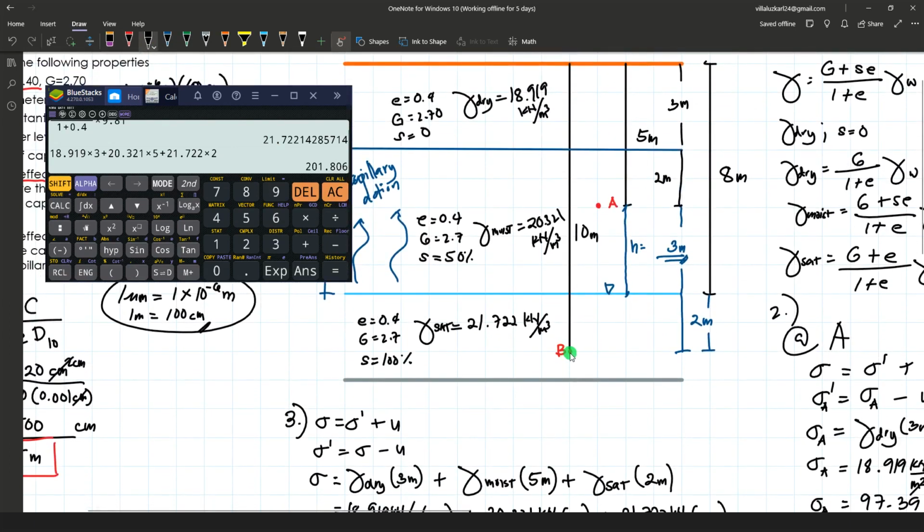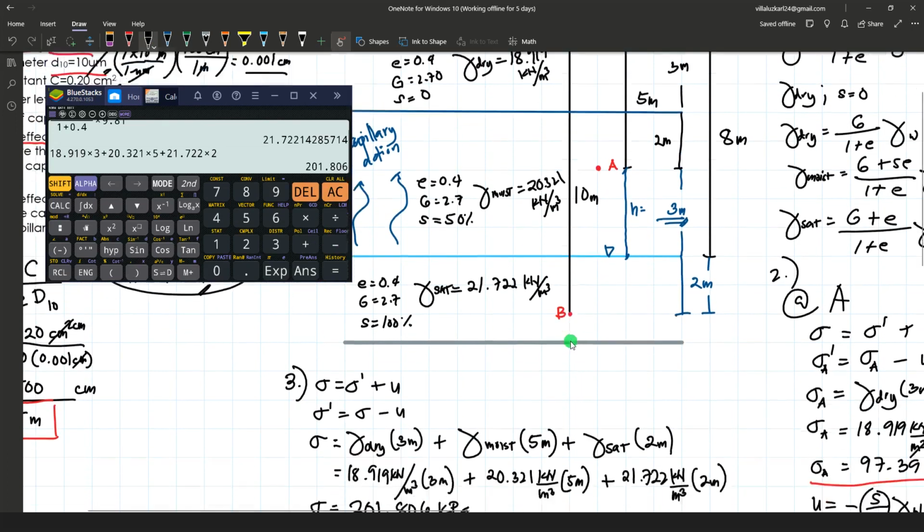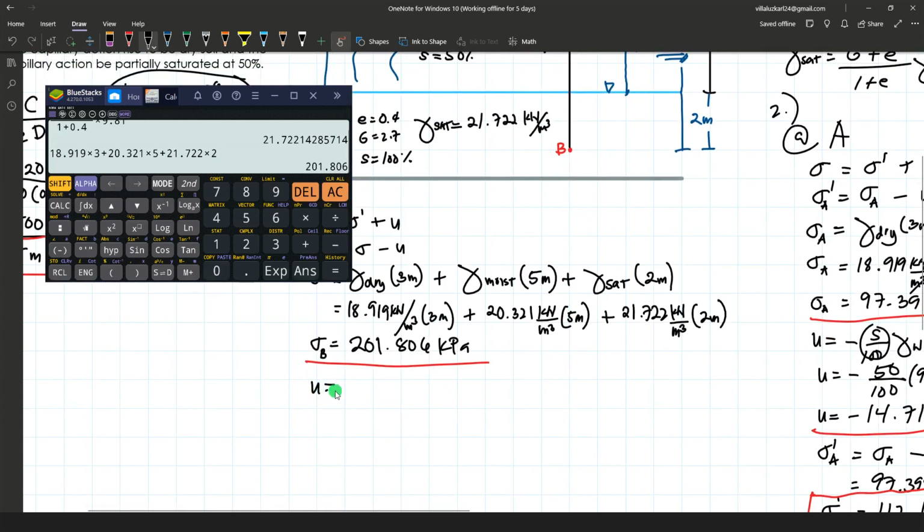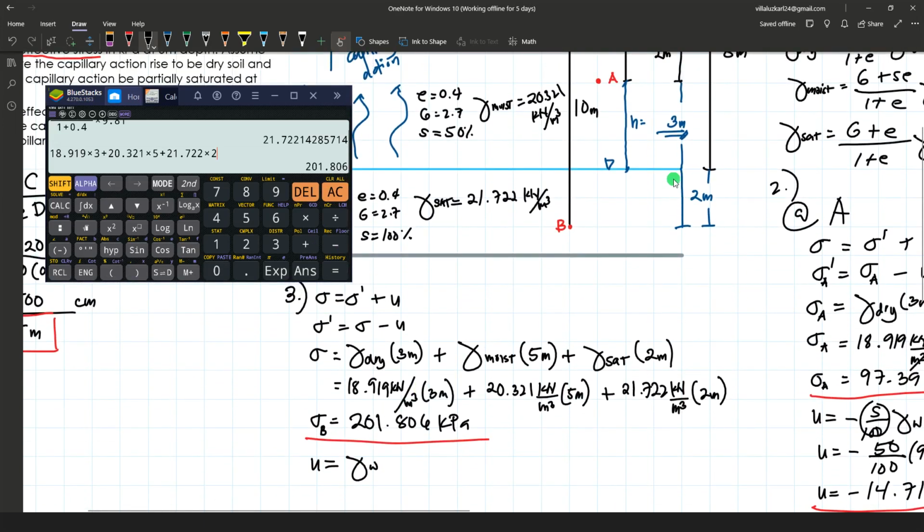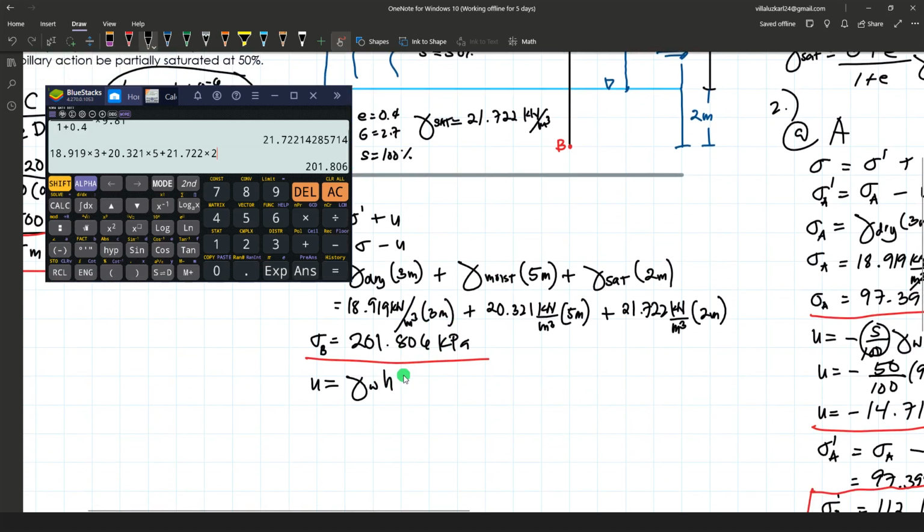Okay. For the pore water pressure, our location is submerged. So the pore water pressure there is just the product of the unit weight and the height.